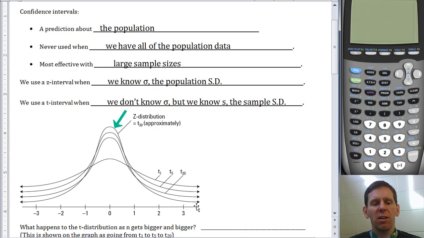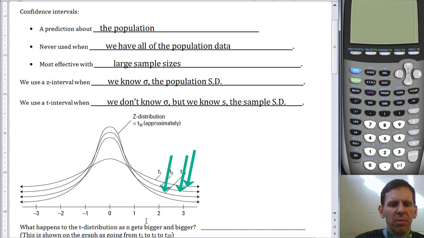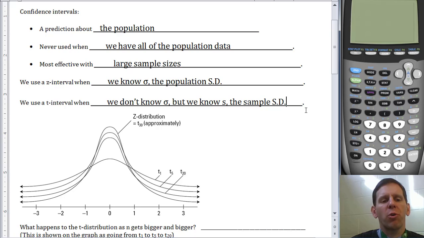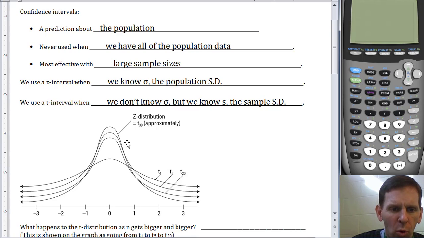But if you're using a t-interval, there's basically a different curve for any sample size that you're working with. Specifically, as the sample size or your degrees of freedom increase, the t-distribution looks more and more like this z-distribution.